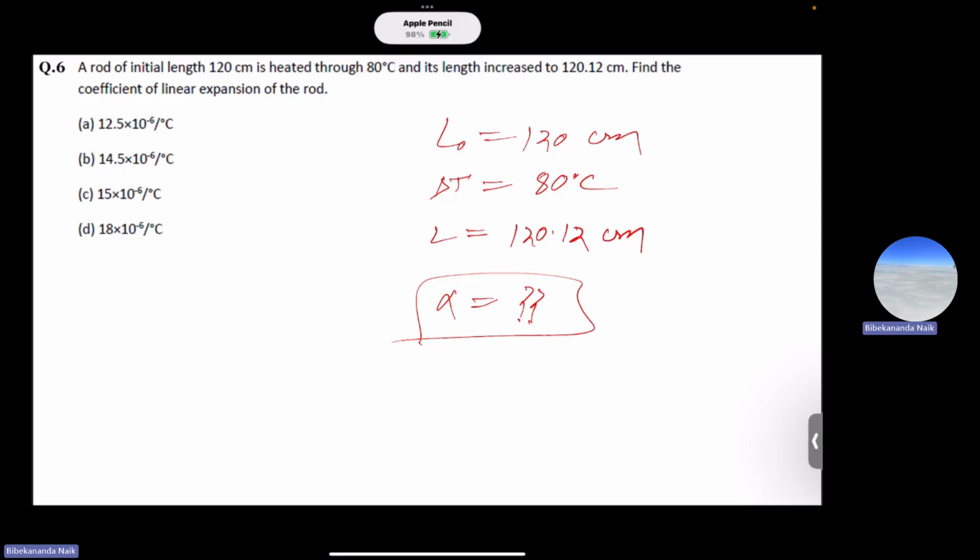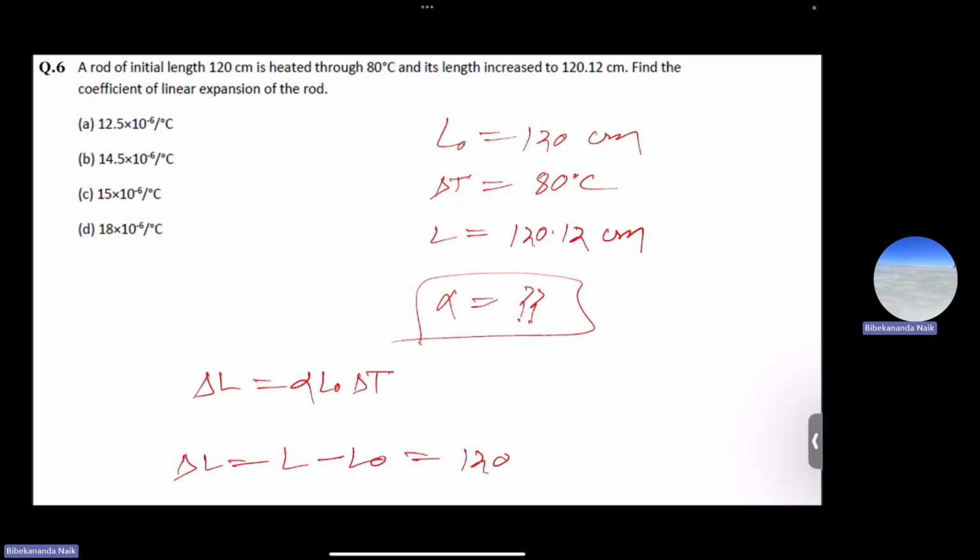So we know delta L is alpha L0 delta T. Now what is delta L? Delta L is equal to L minus L0.